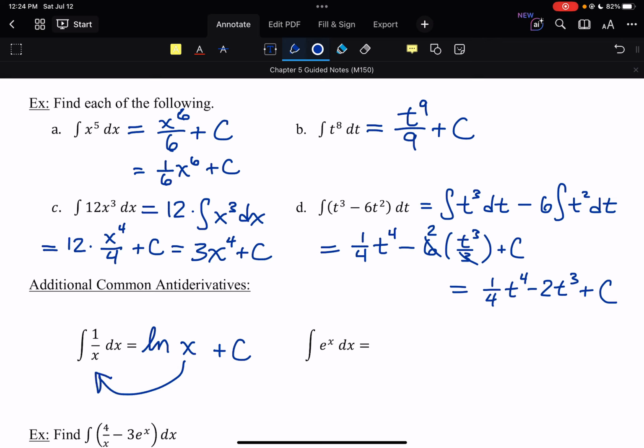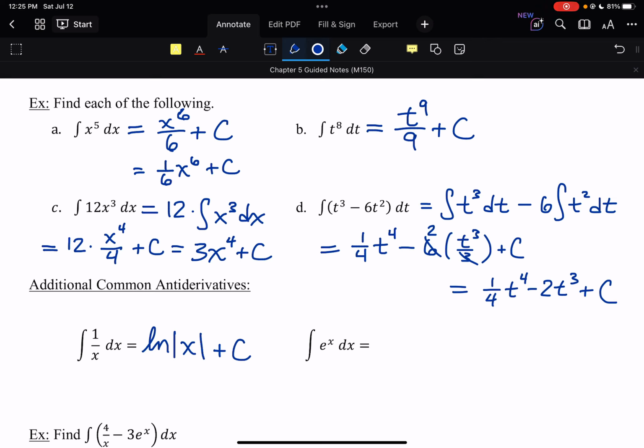Going backwards though, this x value could be negative just because of where it is algebraically. Like this could be 1 over negative 2, and that's not a problem, but it is a problem if we take the antiderivative. So the way that we get around this is by taking the ln of the absolute value of x.